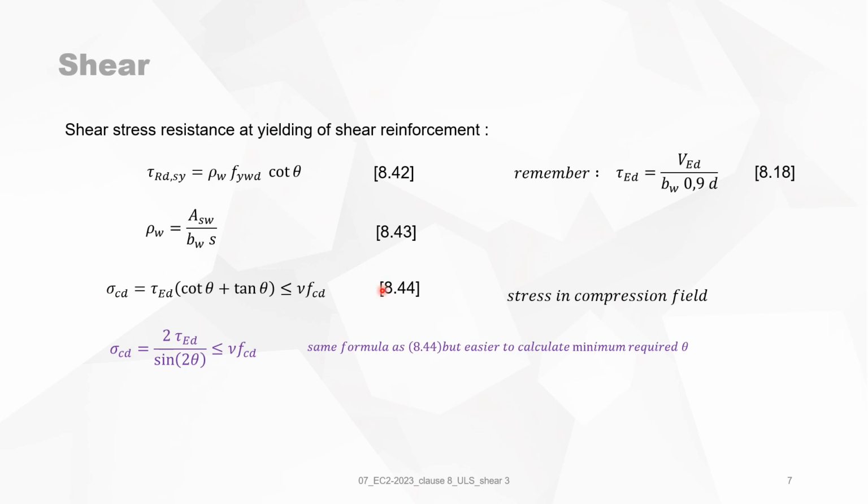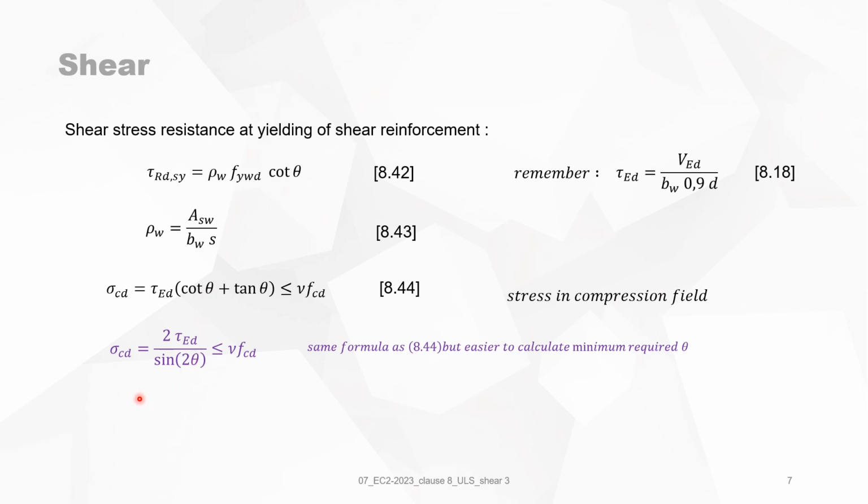You can reformulate formula 8.44 in the way shown in this formula. This is not in the code. It's something that I prefer to use, because you need to know what theta is. Theta is unknown at the start of your calculation.